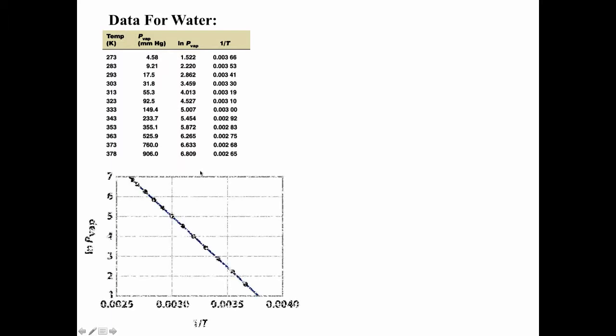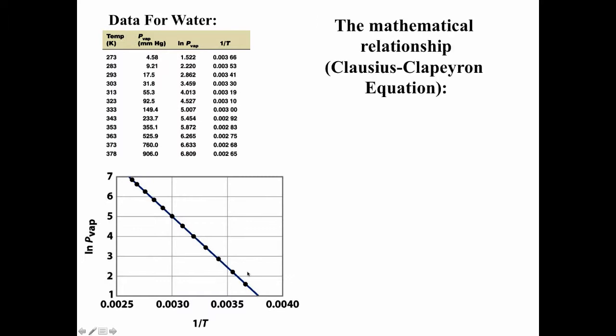And it might require some trial and error, but it turns out that in this case, if we graph 1 over temperature in Kelvin versus the natural logarithm of the vapor pressure, we end up getting a very straight line. And the mathematical relationship that gives us this straight line is known as the Clausius-Clapeyron equation.